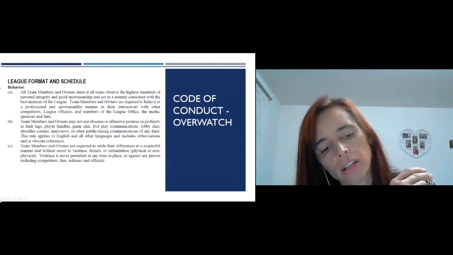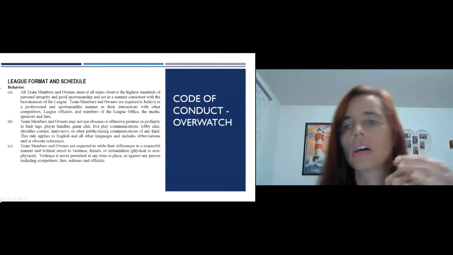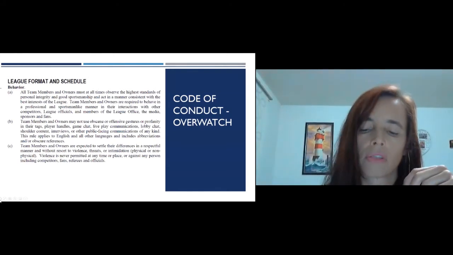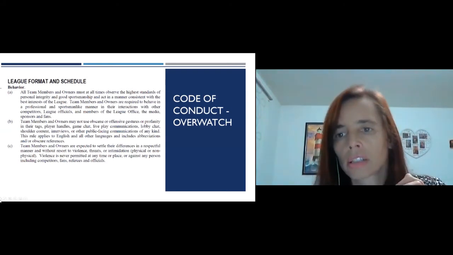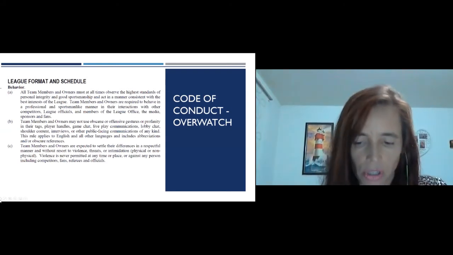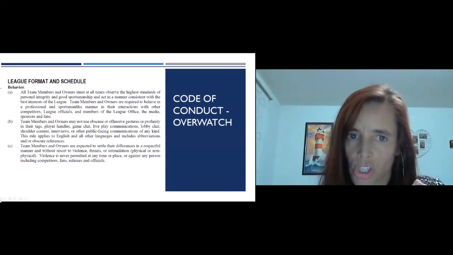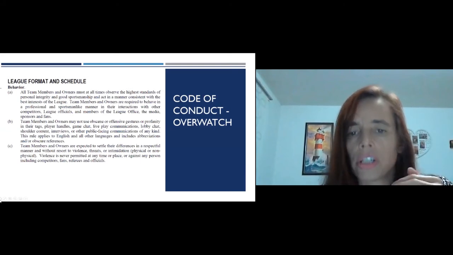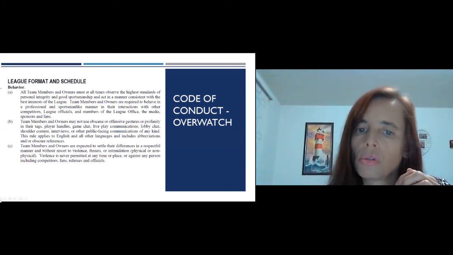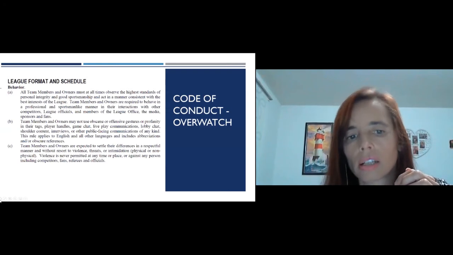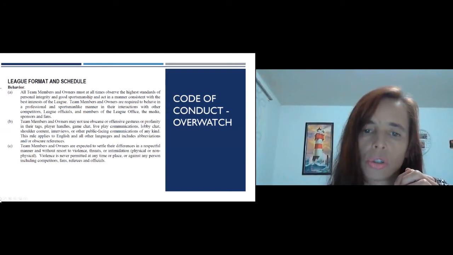Something you can find for nearly all websites, for all games, for all forums and so on, is the so-called code of conduct. Here's an example for the code of conduct for Overwatch. Where they tell you, of course, you should behave nicely, you should not use any offending content, you should be fair to others, you should not refer to whatever.